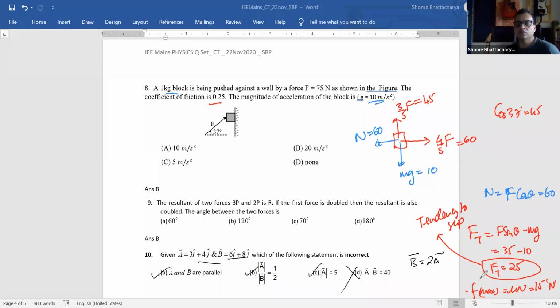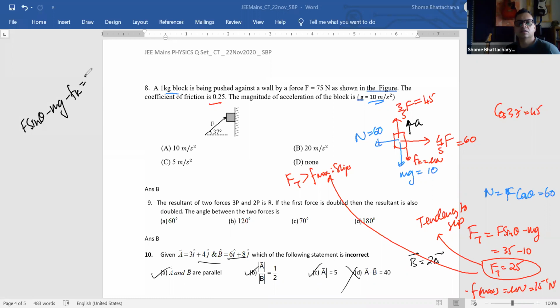So the tangential force is greater than the maximum friction, so it slips. Here, which type of friction will be acting? Kinetic friction, equal to mu n. And the block will have an upward acceleration a. So our equation will become F sine theta minus mg minus kinetic friction is equal to ma.